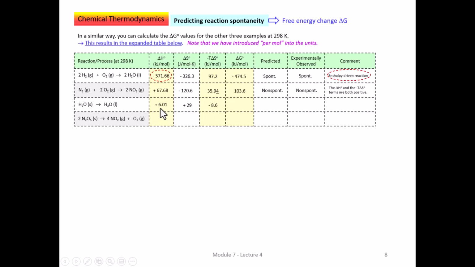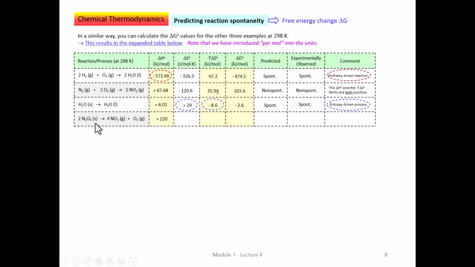And so it appears here that the minus T delta S term is going to make delta G negative, and it does, slightly negative. So we predict that ice melting to water at room temperature is spontaneous. We know that it is. And again, it's an entropy-driven process. The delta S term is positive, and the minus T delta S term is negative.